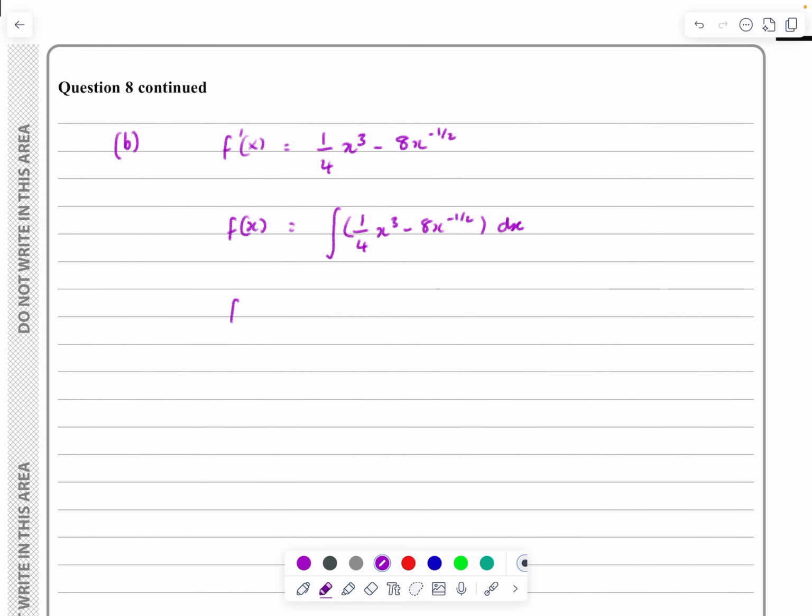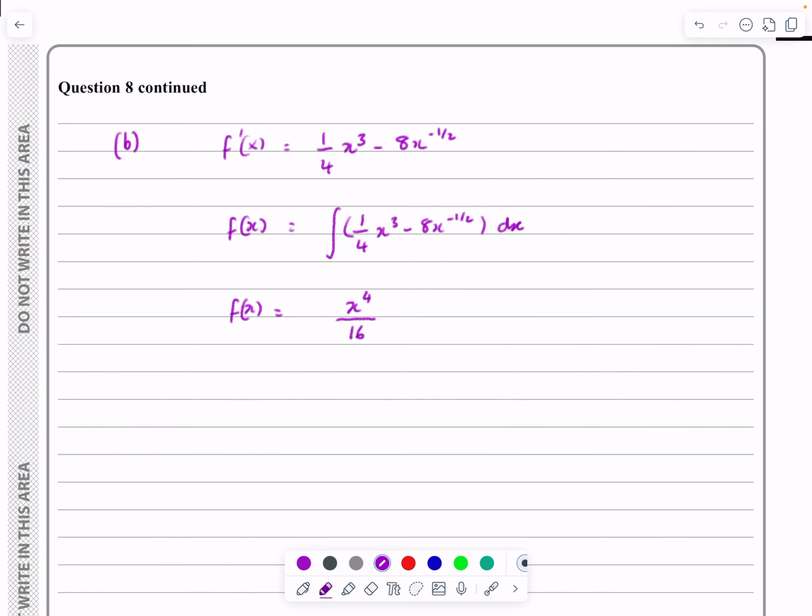So now f(x) is equal to, so this time we're adding 1 onto the power and dividing by the new power. So that's going to be x to the 4 divided by 4, a quarter divided by 4 is going to give me 1/16.